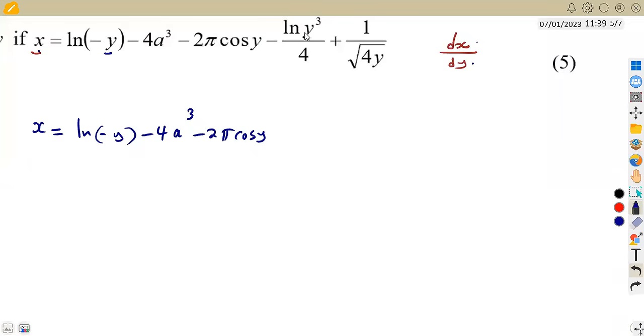Okay, let's check this ln here. I've got ln y to the exponent of 3 over 4. From our laws of exponents, we understand if there is an exponent on a log, which is a ln is a log. So if we understand that any log m can be written as any log m to the exponent of n, it means we can even drop this exponent to multiply the log just like any log m.